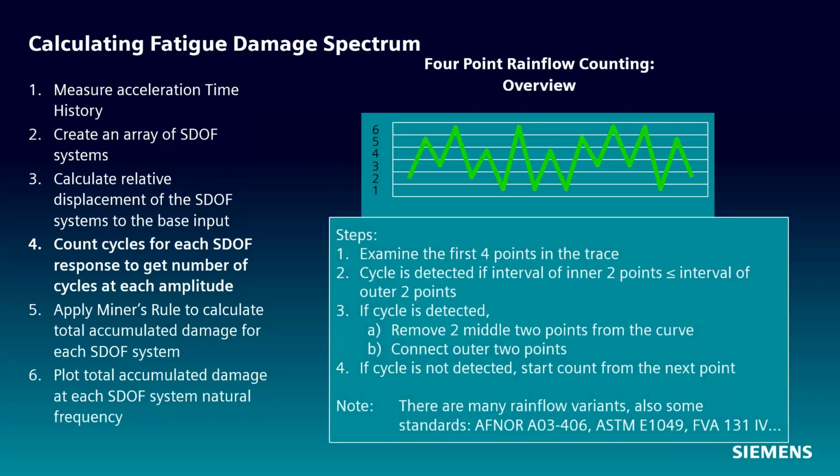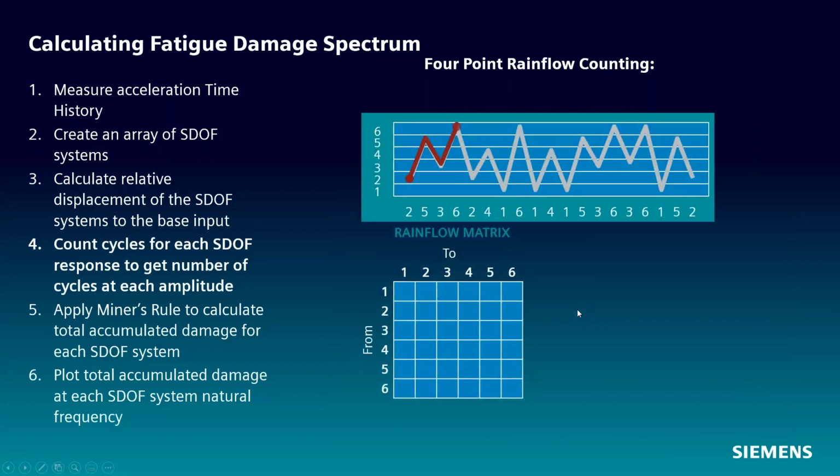And the rules that we have for rainflow counting, the process, if you will, works like this. So we've taken our first 4 points here, and let's take a look. Are the inner points less than or equal to the outer points? It looks like it is, right? Now we're going to record that amplitude, okay?